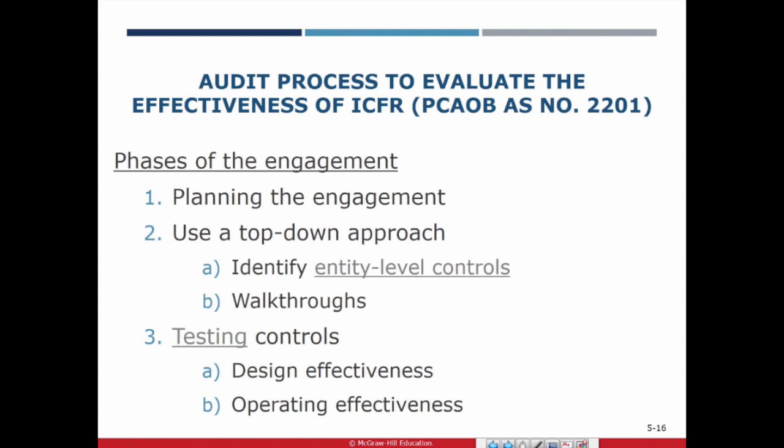For example, an entity level control you would expect is good management oversight, where management has procedures in place to ensure that controls are being adhered to. So you wouldn't look for management to override controls.